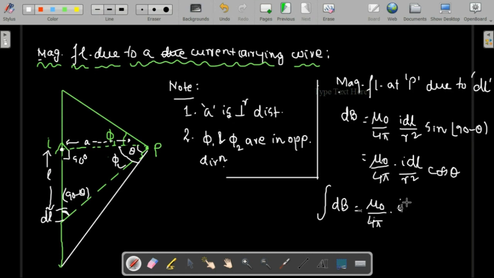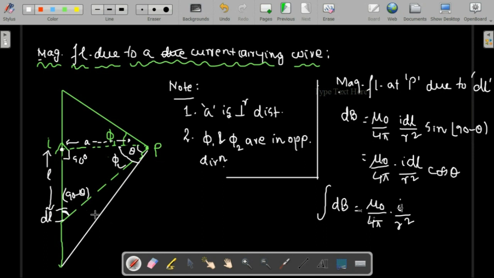And then what happens is, r square, we have it, right? In our case, what is r square we have not yet even found out.